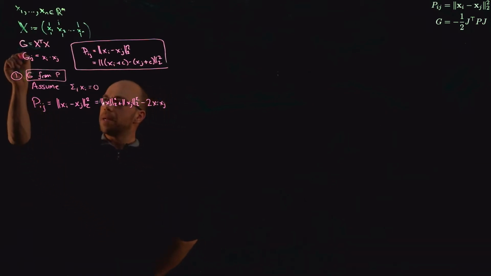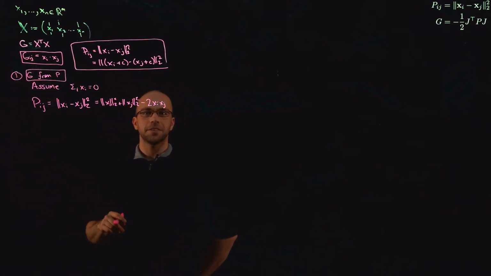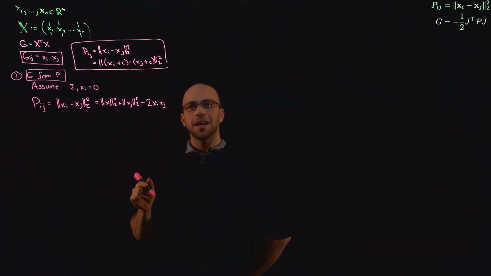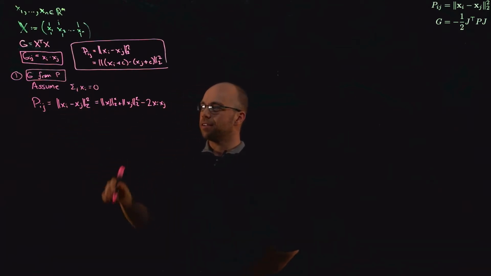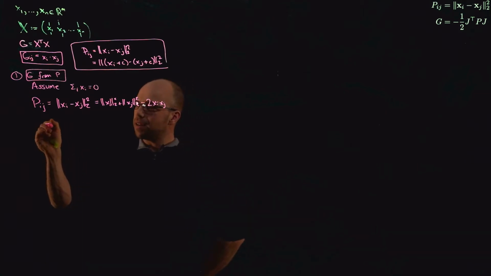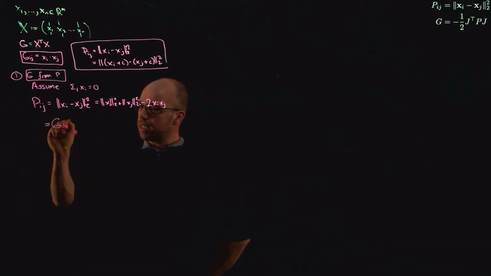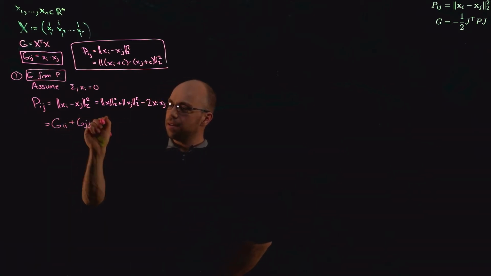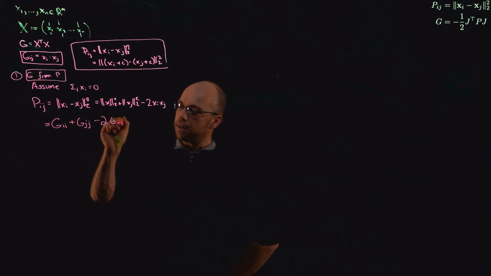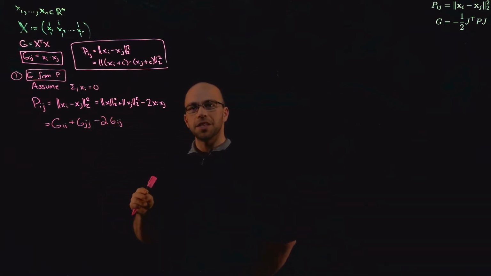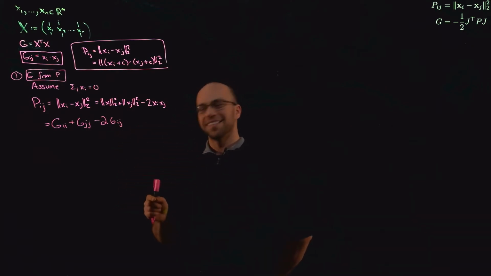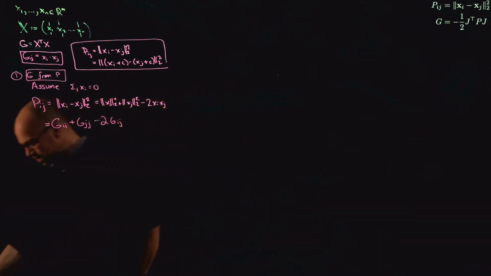Remember that our matrix G is just given by the dot product between every pair of vectors. And now we can see that essentially all we have hiding inside of this squared expression here is a bunch of dot products, right? So really, Pij is equal to Gii plus Gjj minus 2Gij. Incidentally, G is a symmetric matrix, right? I could have written minus Gij minus Gji, but that's not necessary.